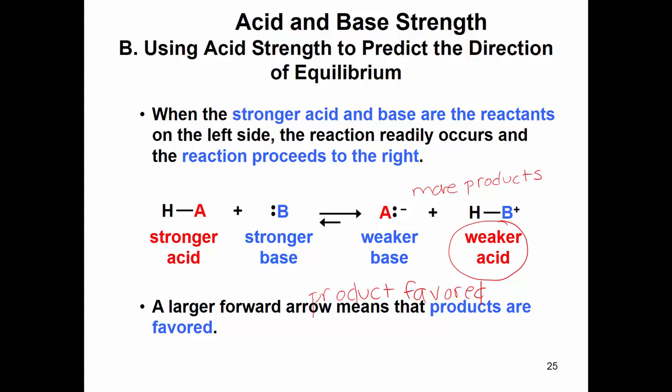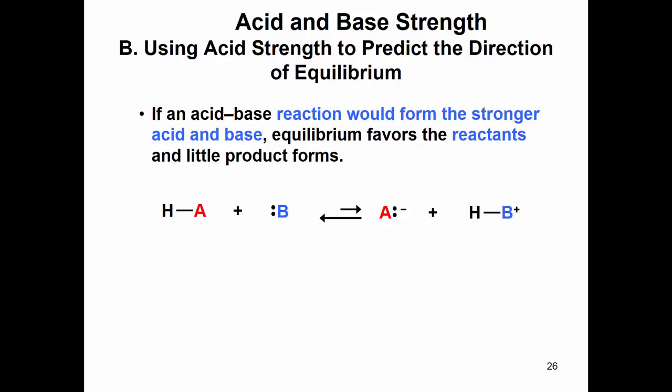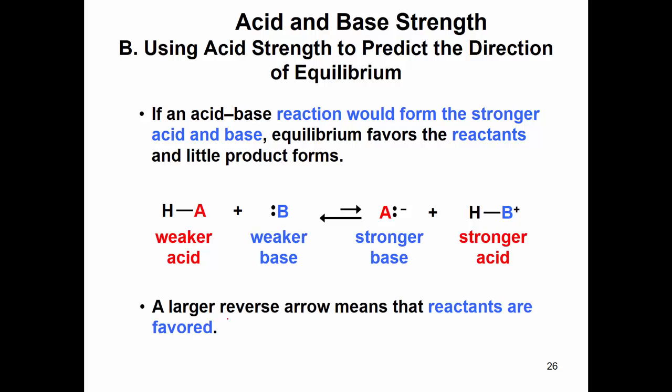So the reaction is going to proceed in a way so that it drives to the weak acid. If the reverse is true, so if our reactant is the weaker acid, then the reverse reaction is going to be favored. So this would be a reactant favored reaction, and you'll see that that arrow is larger toward the reactants. But the idea is the reaction drives to the side of the weaker conjugate acid.